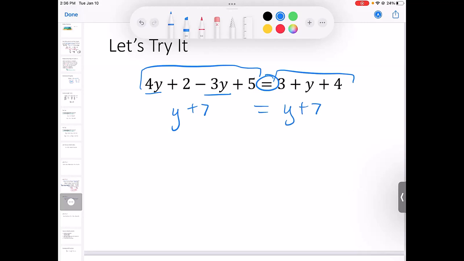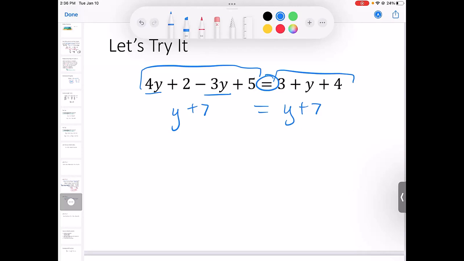So on this one, remember, we're trying to find solutions to the equation. So what would make this statement true? Is there anything that makes it true? Yeah, it will always be true, because no matter what I choose for y, y plus 7 will always equal y plus 7.